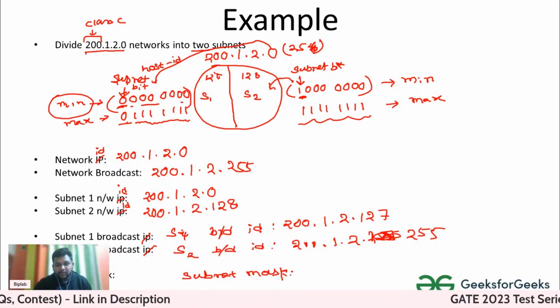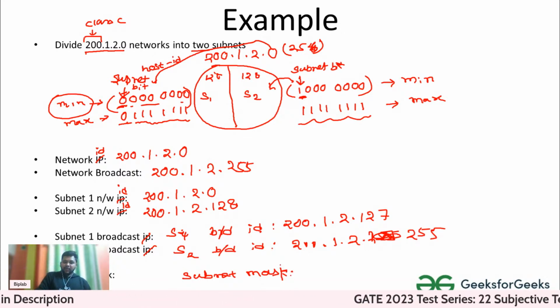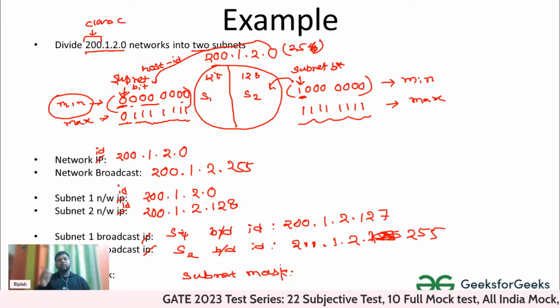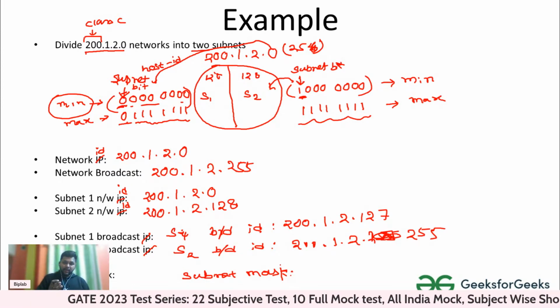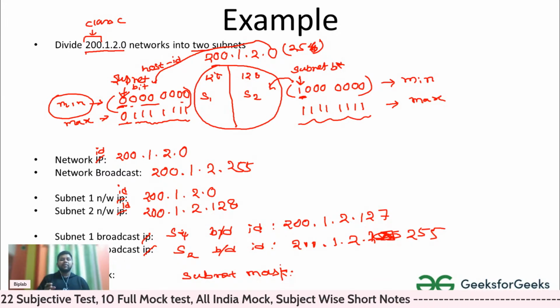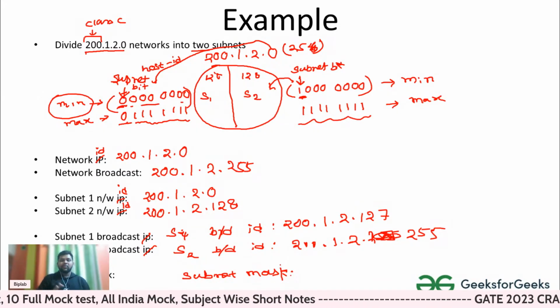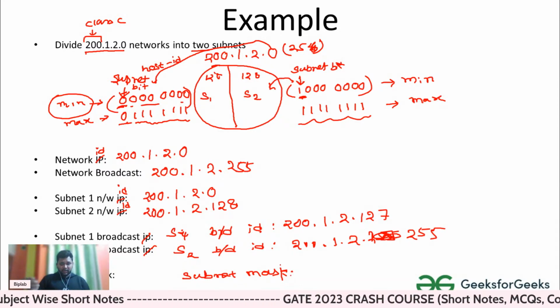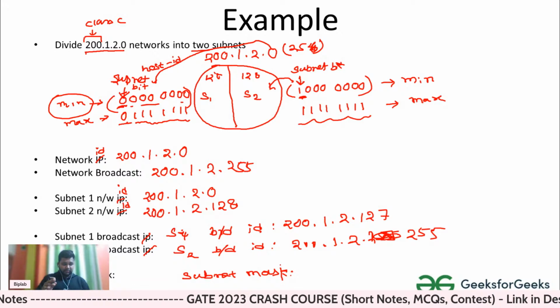What is subnet mask? In subnet mask we put each digit as 1 where it belongs to network ID or subnet ID. Those are all considered as 1, and all the bits belonging to host ID are considered as 0.